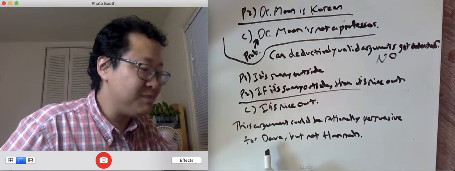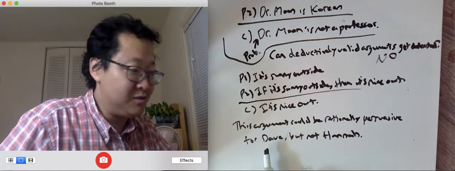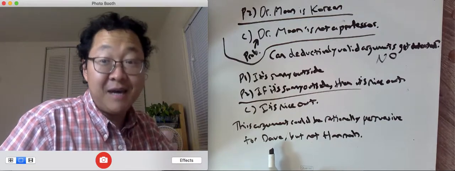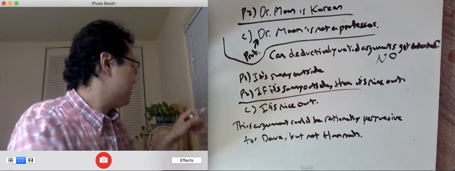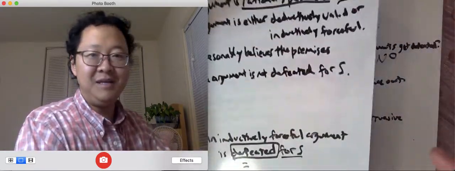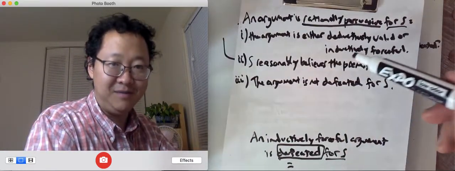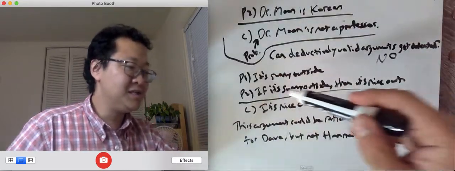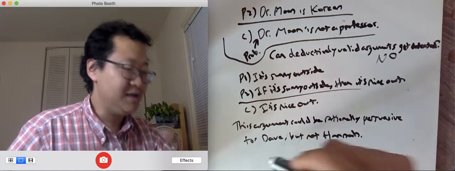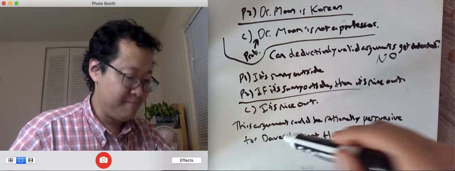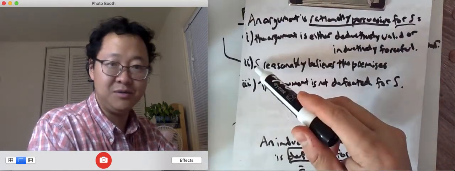So how might this argument be rationally persuasive for Dave? Well, Dave might be outside, and so for him, it would be reasonable to believe the premises of the argument. It'd be reasonable for him to believe it's sunny outside, and that if it's sunny outside, then it's nice out, because Dave is outside. So he would meet condition 2.